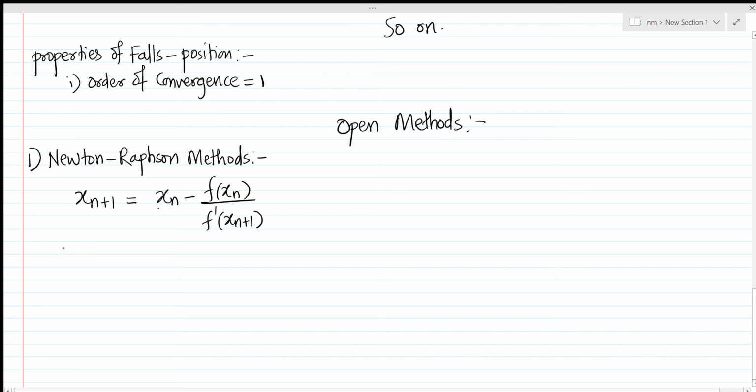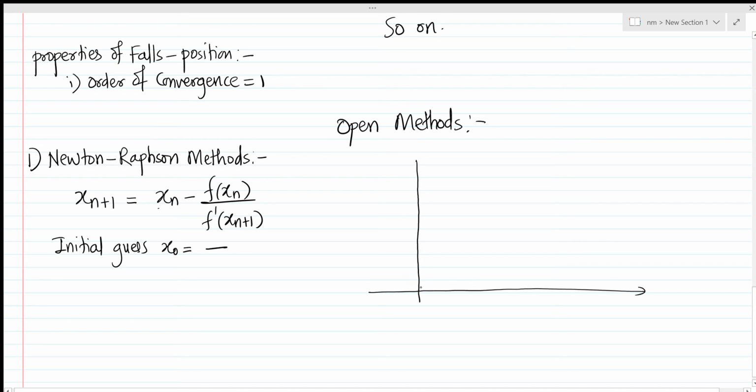Some initial guess we require for Newton's method. So x0 is equal to something, then we calculate the next value until our convergence criterion is satisfied. So what is Newton's method and how can we derive this formula?